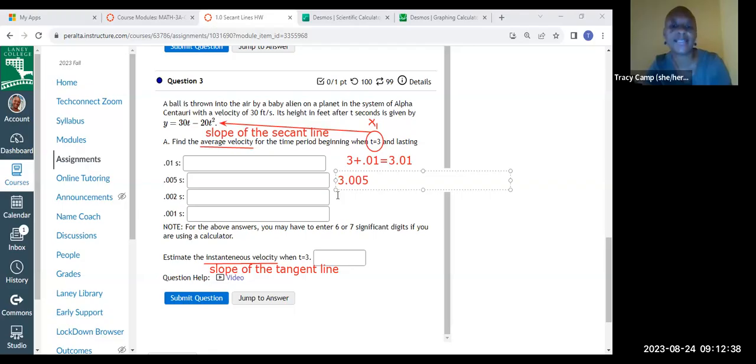It's like you're lasting that much time, or the ball, I guess, thrown by the baby alien. So these are our various X2s, these right here. This is an X2, and then we have another X2, and so on.